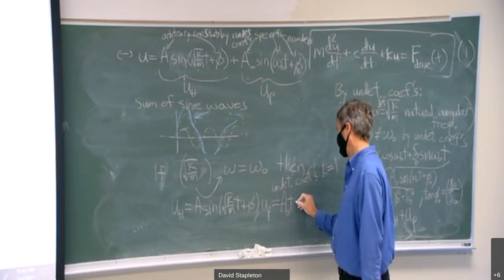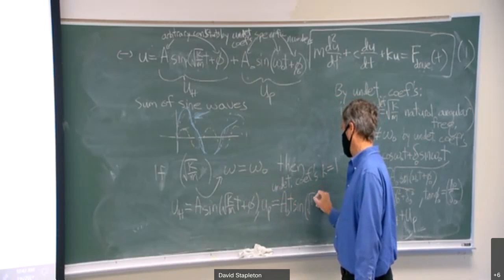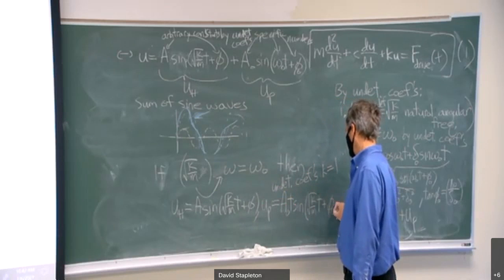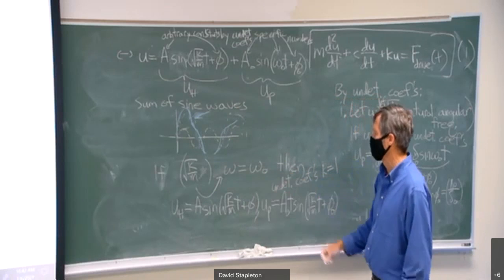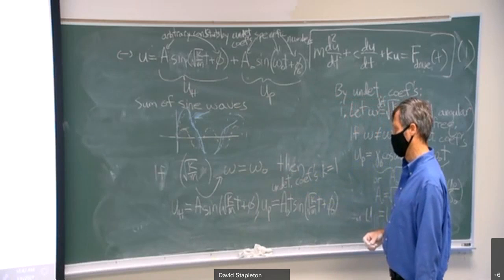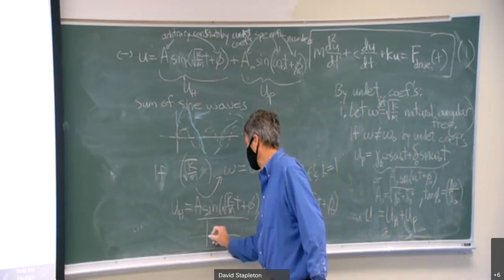or you'll get a solution to the homogeneous problem. It's A t sine square root k over m t plus p, plus p0, because omega equals omega 0 in this case. And now what happens? This one is a sine wave. It just goes like this.